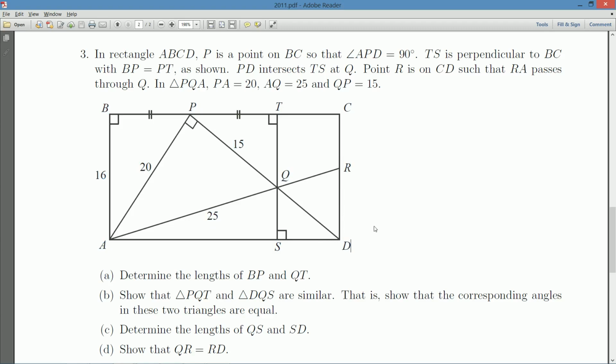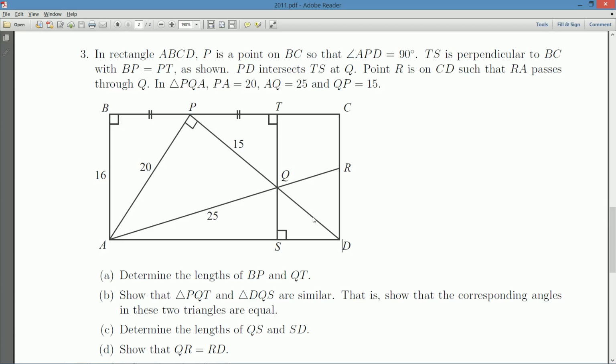So that's a possibility. Or we can try and show that angle RQD is the same as angle QDR. That would also do it. So show it's an isosceles triangle outright, or just compute QR and RD. Either or should be fine.